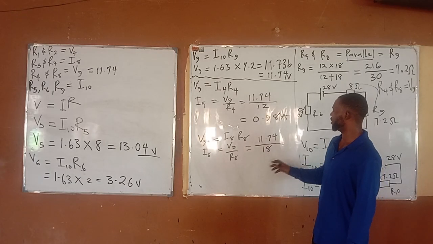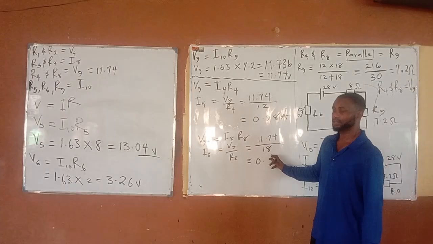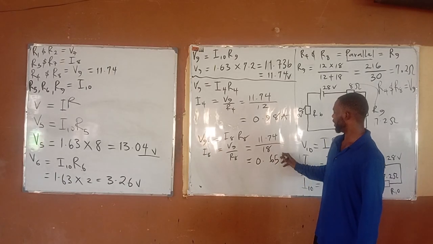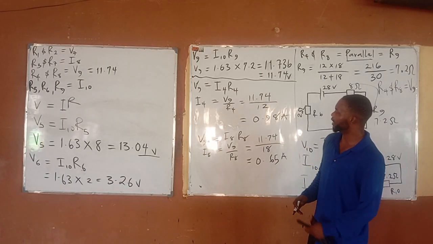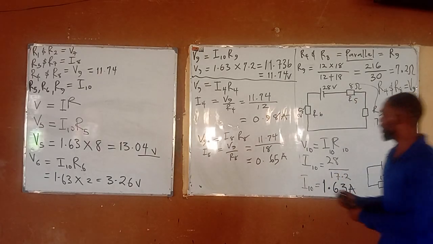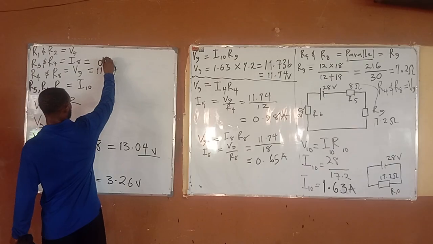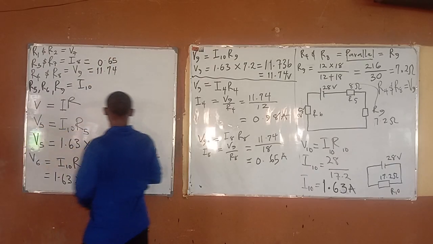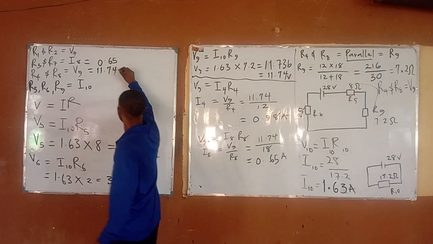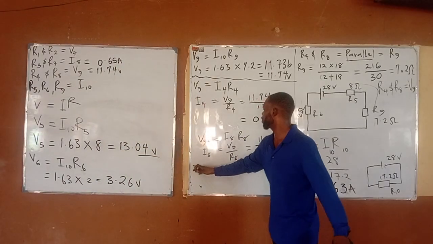I punch it for me. What do you have? 0.65 ampere. Then we are done with that one. So we can now see that we have I8 equals 0.65. Never force it. If you force it, you make mistakes. Once you are following the principle, it will just be leading you.